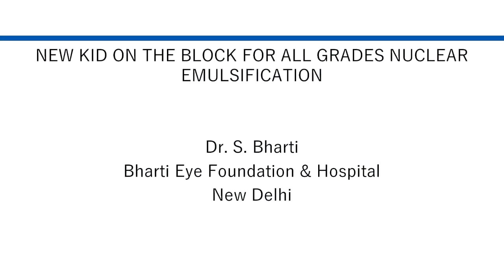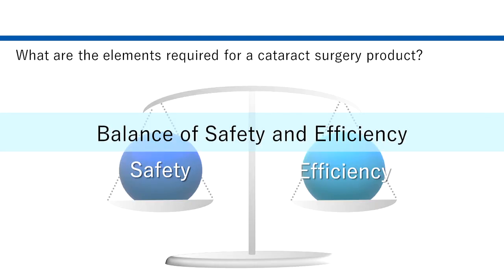So I'm talking about the new machine which has been introduced by NIDEK in India. This is a new system of phacoemulsification, and I've been using it. I thought there'll be a couple of other users also here, but Maipal has probably left.